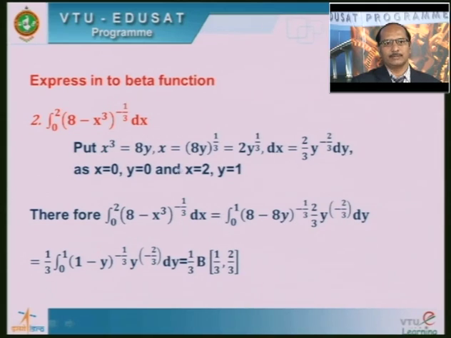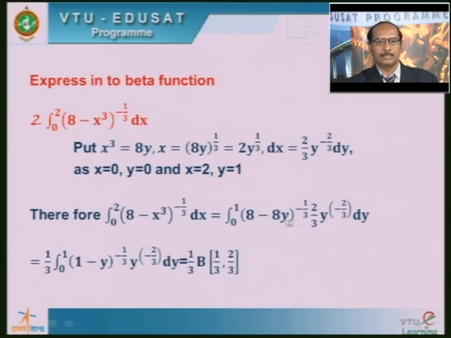Then x cube equal to 8y, x is equal to 8y to the power 1 by 3. Dx, on differentiation, becomes this. So the given integral is converted to 8 minus 8y to the power minus 1 by 3, and dx is substituted as 2 by 3 y raised to minus 2 by 3 dy. Then 1 by 3.